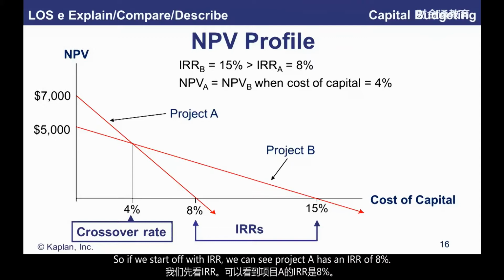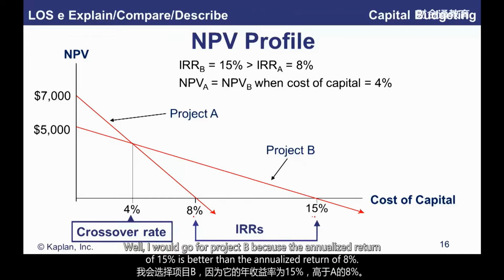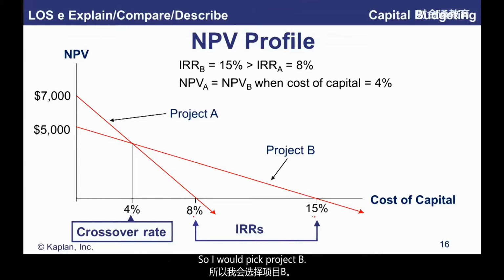If we start off with IRR, we can see project A has an IRR of 8%. Project B has an IRR of 15%. So based on IRR, which project would I choose? Well, I would go for project B because an annualized return of 15% is better than an annualized return of 8%.